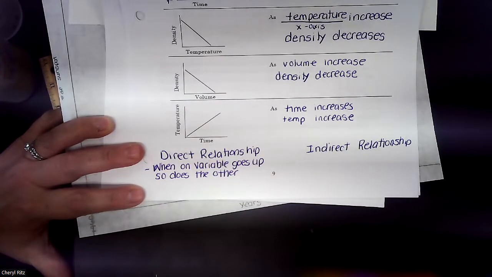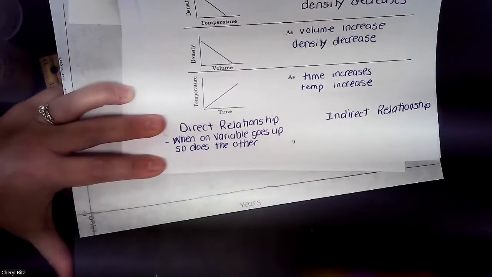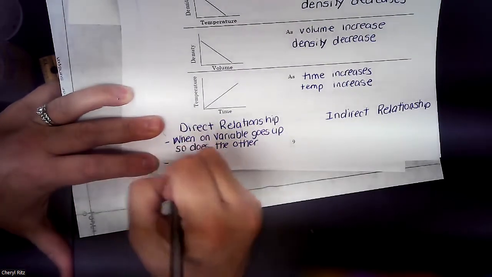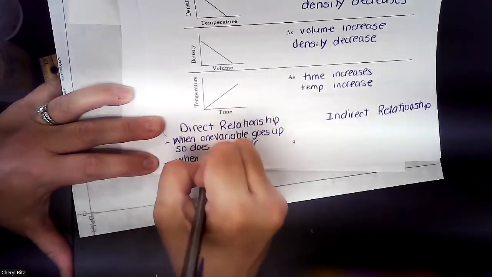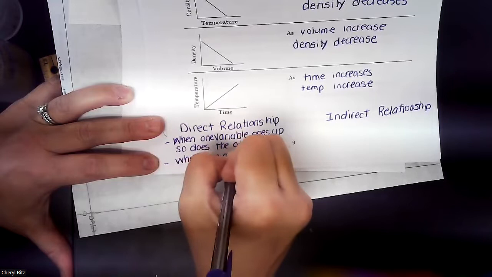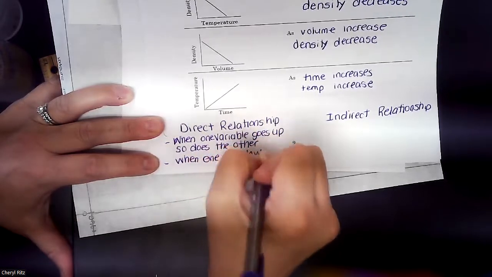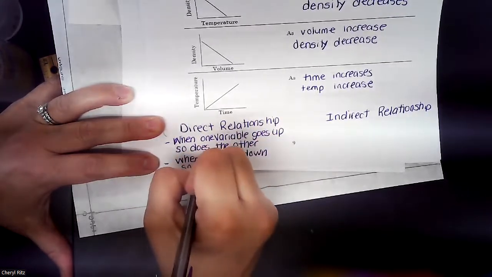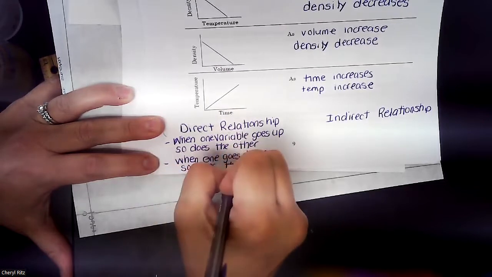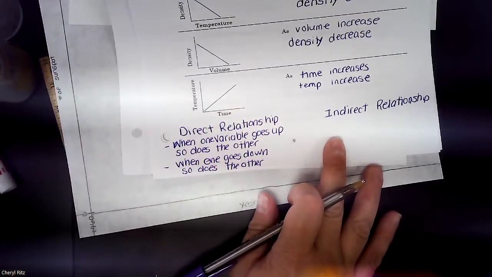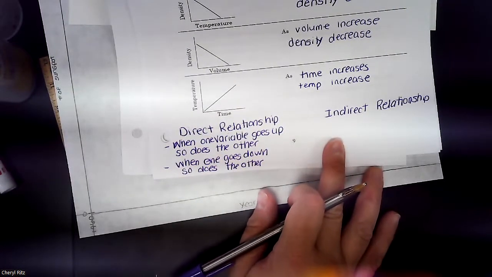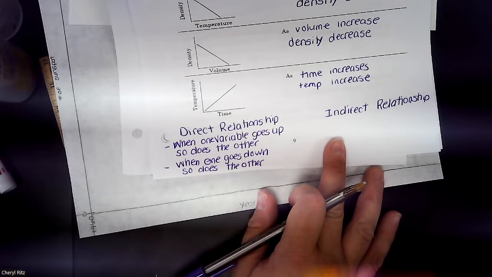So if one increases, they both increase. That's a direct relationship. On the same note, when one goes down, so does the other. Studying is an example of this. The more you study, the higher your grades. Higher studying, higher grades.